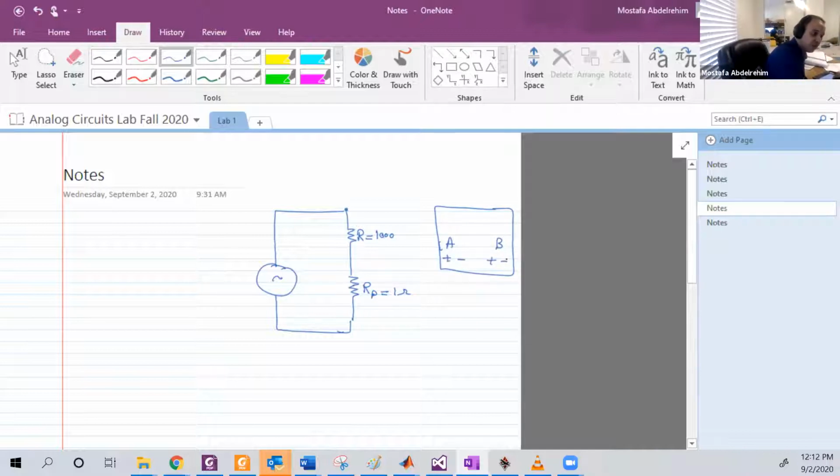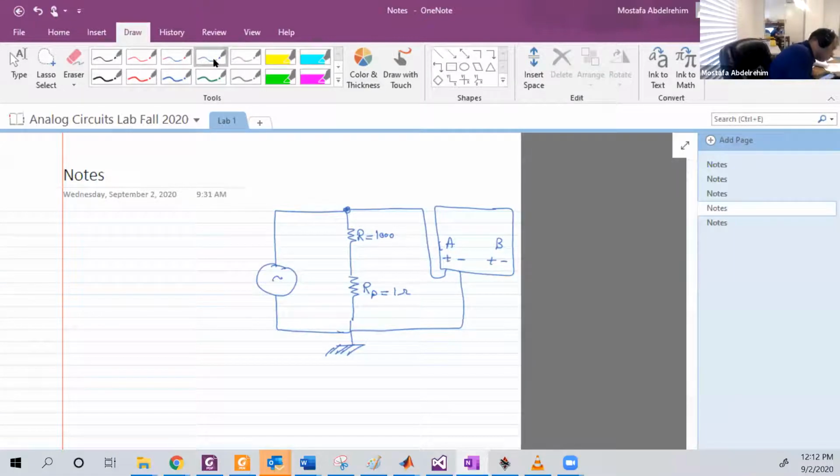This is the real one now. We want to simulate the real setup, something very close to the practical world. So you connect channel A, the positive to this point, but the negative to the common ground of the circuit. Now it's going to measure the two voltages together: the voltage on RB plus the voltage on R. And for B, we'll do the normal thing.